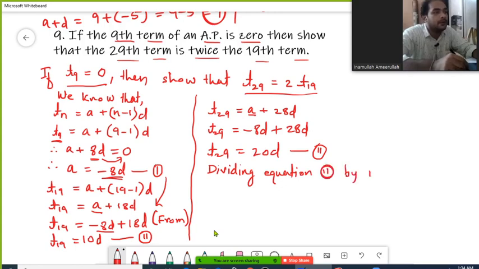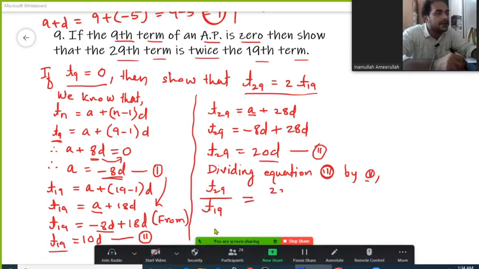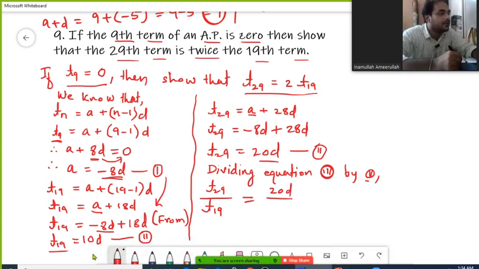Dividing T29 by T19, the left hand side is T29 upon T19. The right hand side is 20d upon 10d.